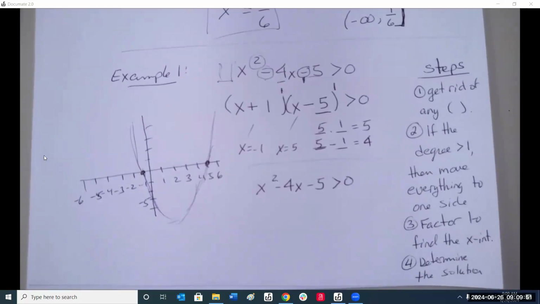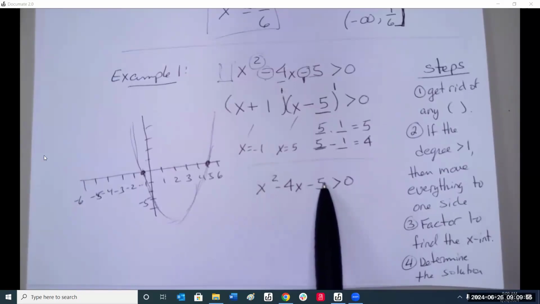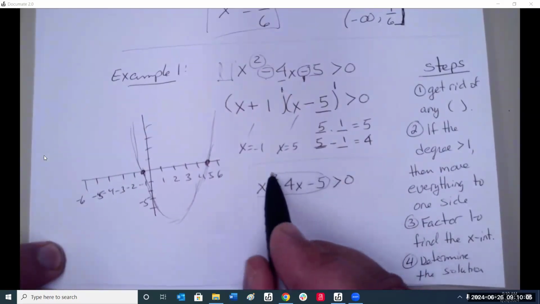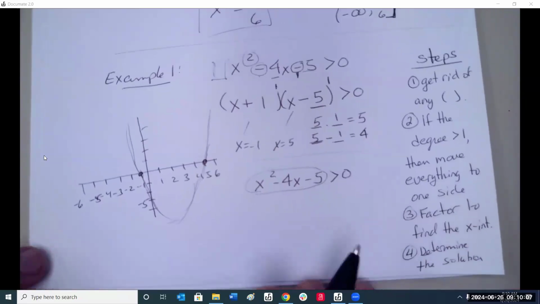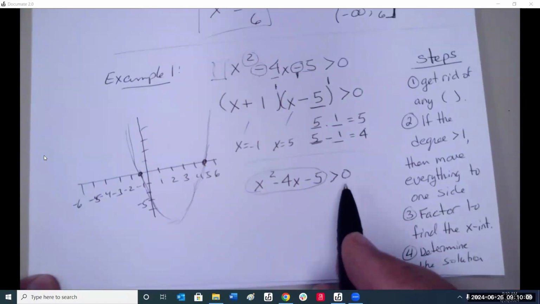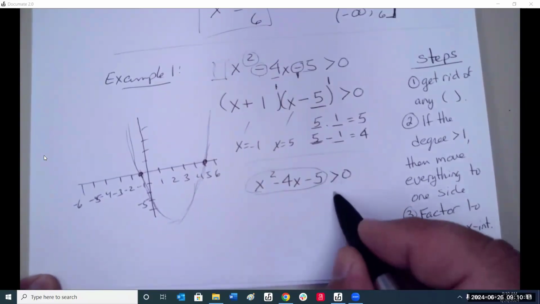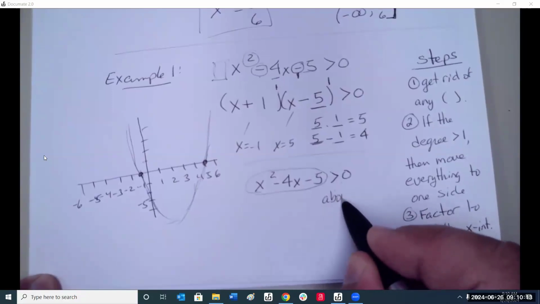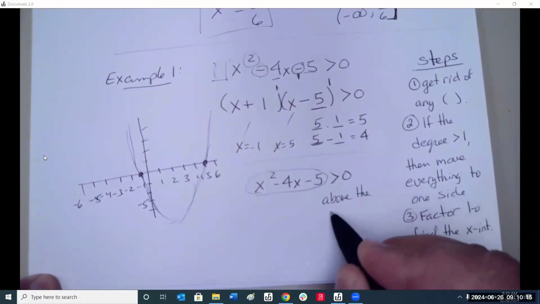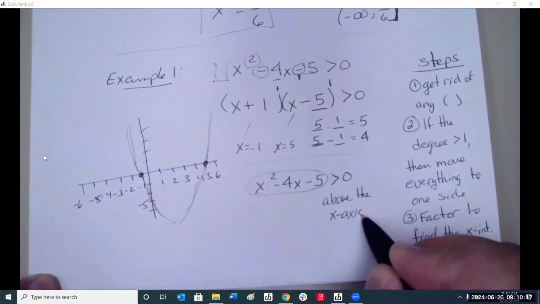What does that mean? The inequality says this expression is greater than 0. So do we want our answers to be positive or negative? Yeah, because we want all the parts of this equation that are greater than 0. Where are they greater than 0? In other words, above the x-axis.